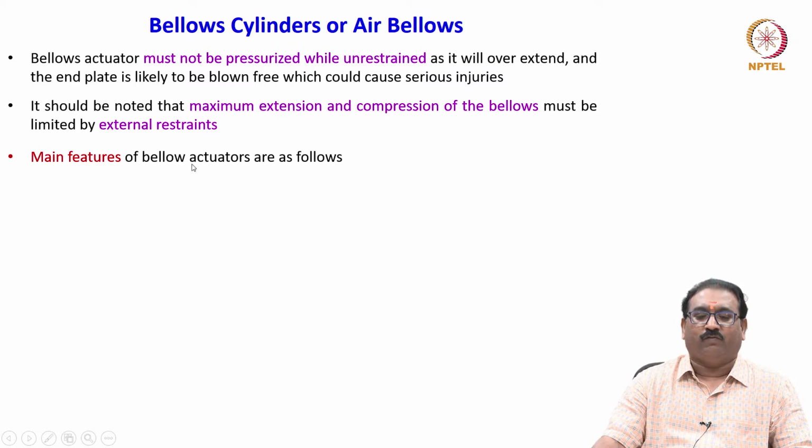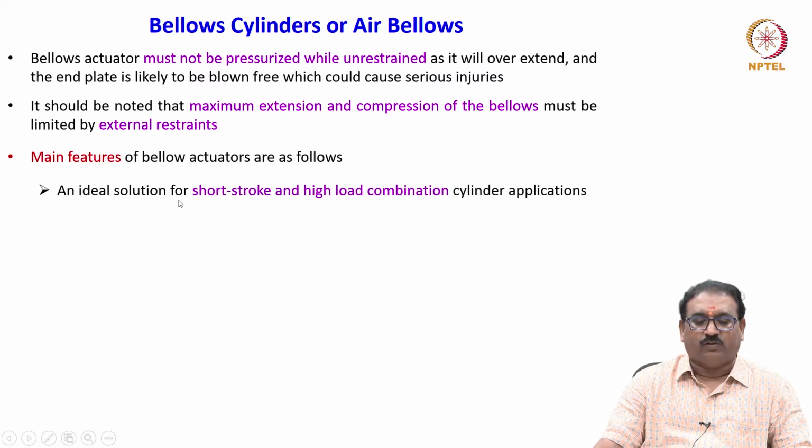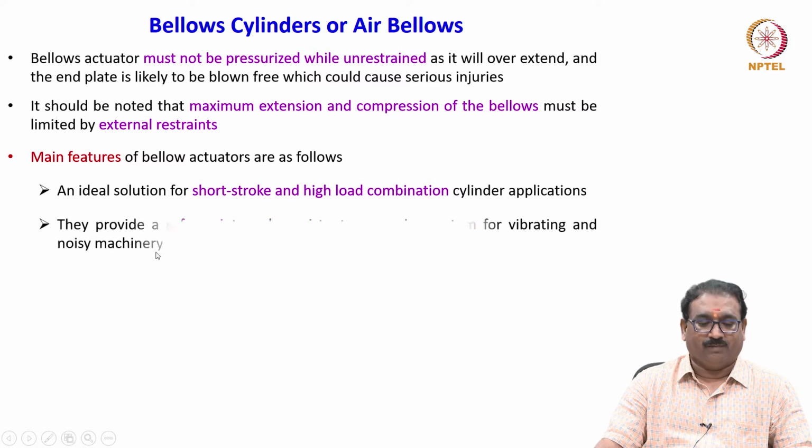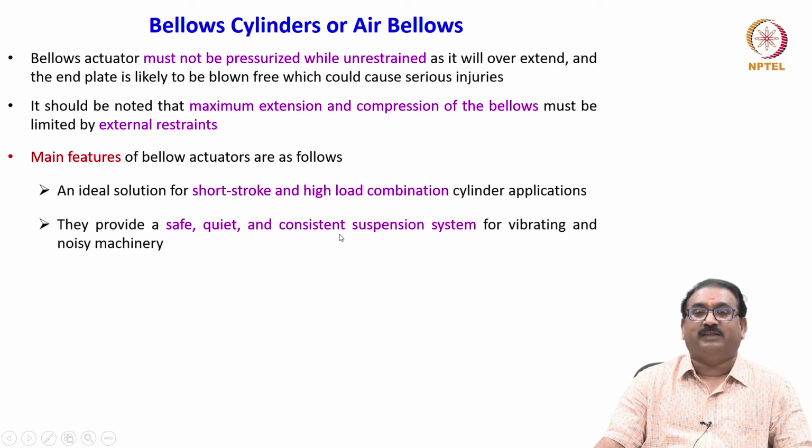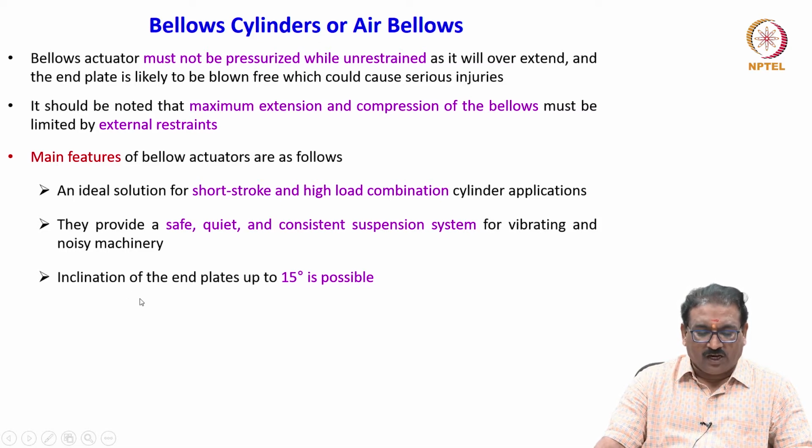Main features of the bellows actuators are as follows. An ideal solution for short stroke, high load combination cylinder applications. They provide a safe, quiet and consistent suspension system for vibrating and noisy machinery. Inclination of the end plate up to 15 degrees is possible.